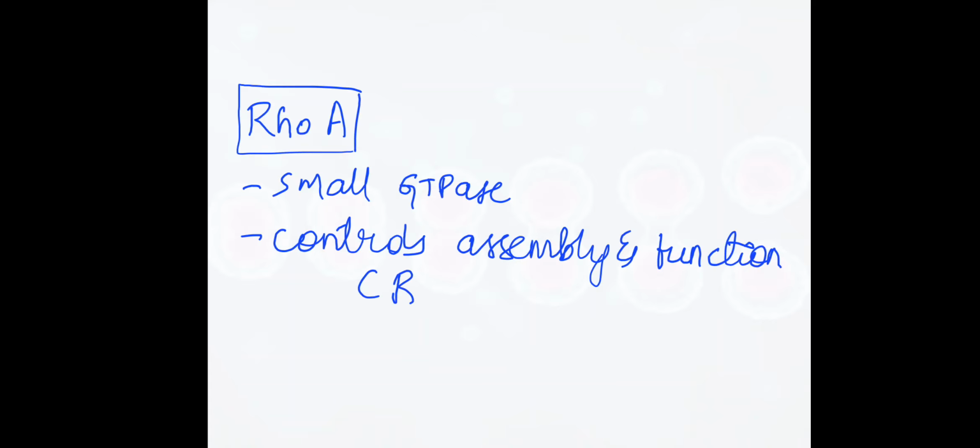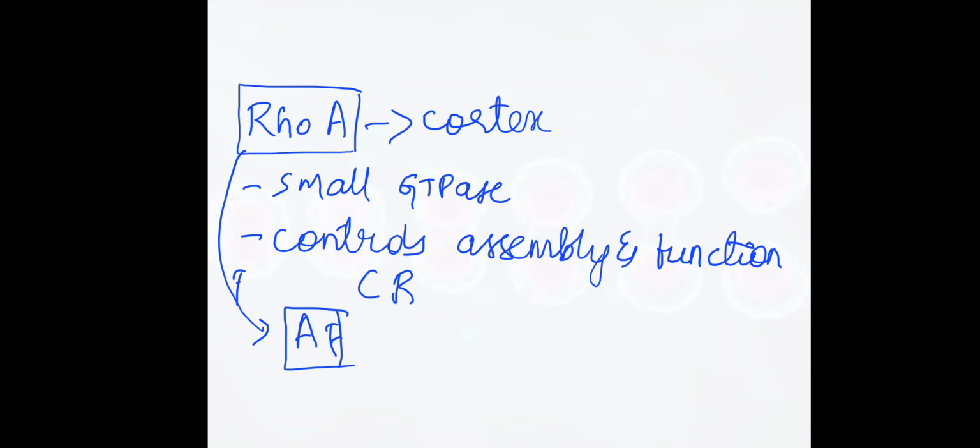So RhoA is activated at the cell cortex at the future division site, where it promotes actin filament assembly by activating formin. To write it like this, first RhoA will be activated at the cell cortex. Activated RhoA activates formin.